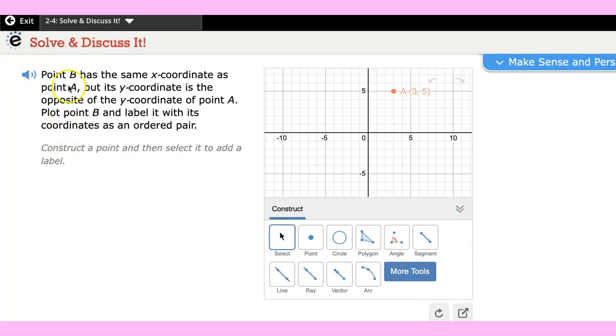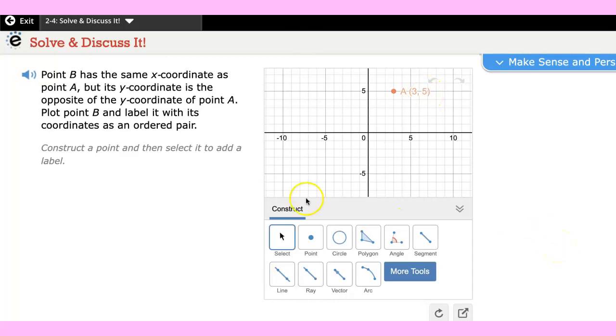So if we understand what it means, say point B, so this is A, we're looking for point B. It says point B has the same x-coordinate. Remember, this is your x-axis and this is your y-axis. So it means the same x-coordinate as point A, but it has the y-coordinate opposite of the y-coordinate of A. So if you look at where the x is, it is at 3 and the y is at 5.